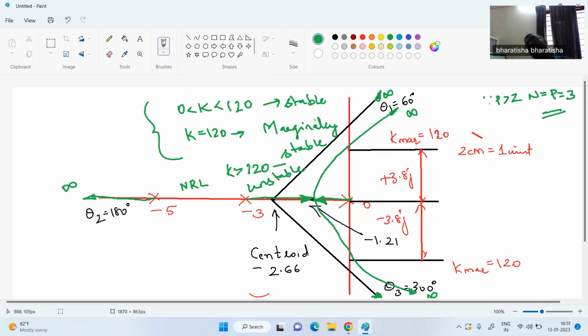You have to make this comment on the plot also, and give this plot. I have done it very approximately, so please follow it on graph sheet and produce this root locus. Okay, thank you very much.